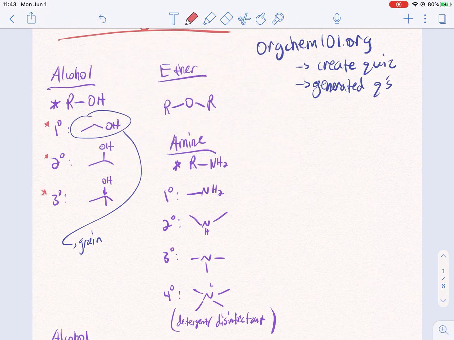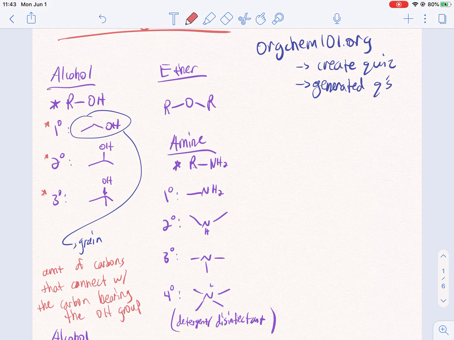They are named such by the amount of carbons that connect with the carbon bearing the OH group.